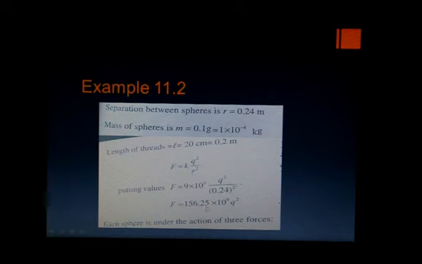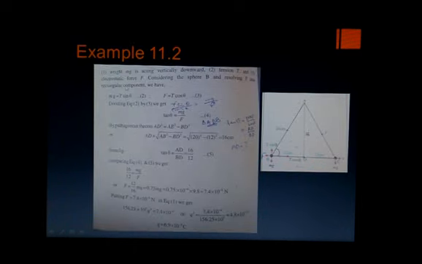After putting these values, let it be equation number 1. We cannot solve it further because Q square is still unknown. So the main problem is first to find Q.